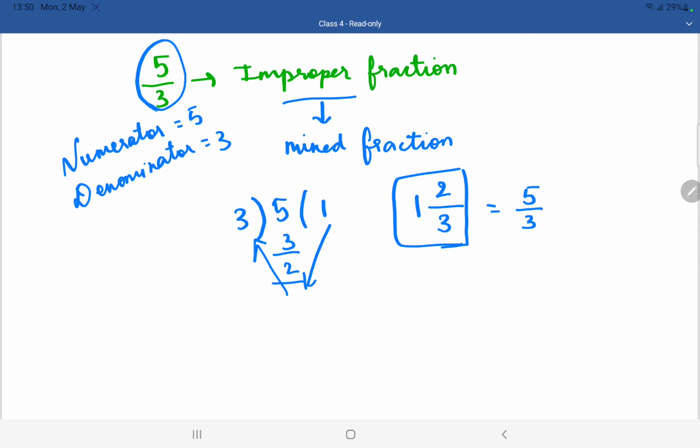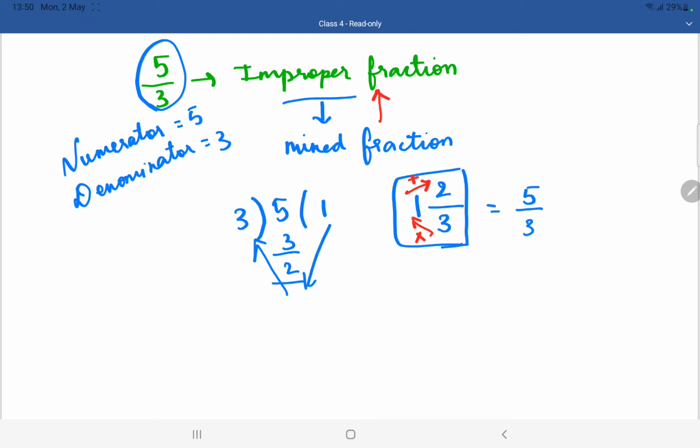Remember that. Okay. And now let us see how to convert the mixed fraction into an improper fraction. I am going to take the same example for showing you how to convert a mixed fraction into an improper fraction. Now what you need to do is, first you need to multiply the denominator with the whole number, and you should add that answer to the numerator.